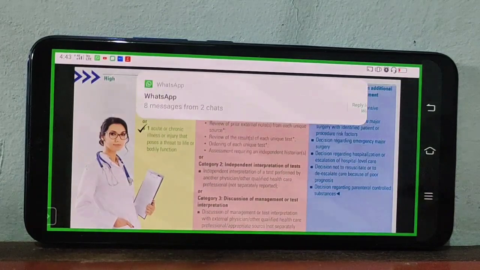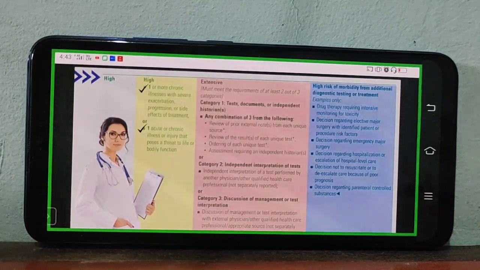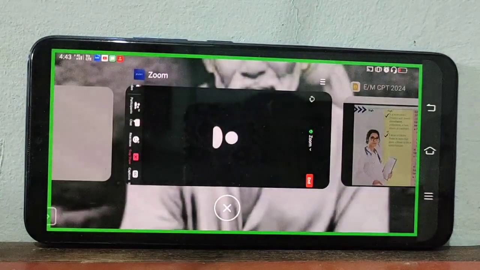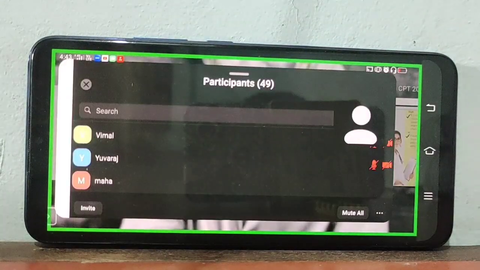What is the meaning of escalation and prognosis, ma'am? Prognosis means whether the condition is worsening or improved. Escalation means to stop, to discontinue the treatment. That is escalation. Discontinue from the hospital care or discontinue the treatment level like that. Did you understand now? Prognosis means improvement or worsening, ma'am?